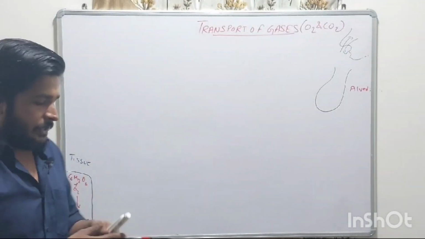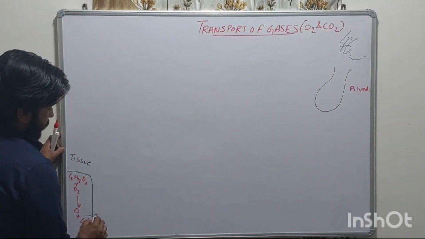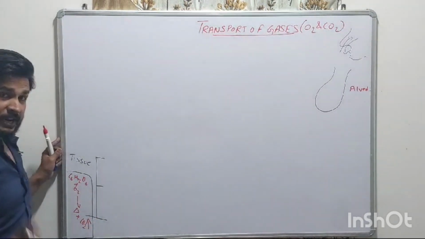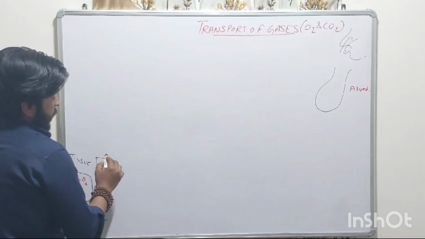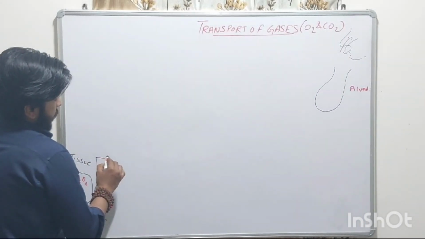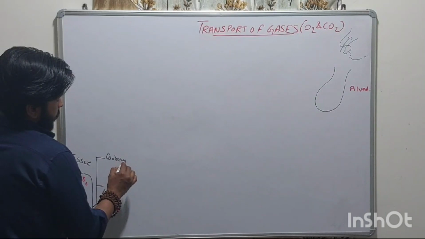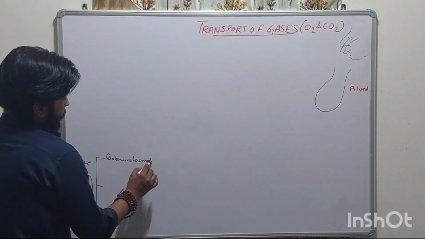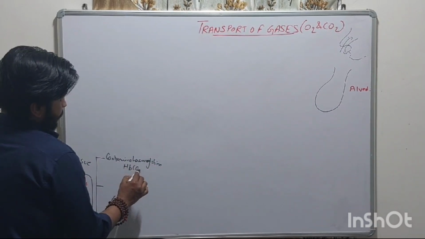Let's see what happens. When we talk about the transportation of CO2, the CO2 is transported in three forms. Mark my word, I'm saying three forms. First, directly in the form of carbaminohemoglobin. We will write it like this.